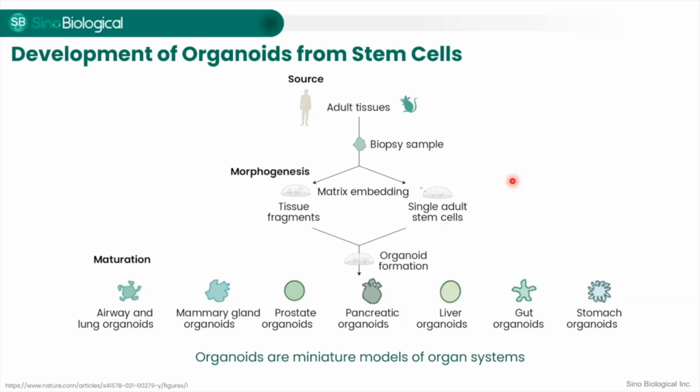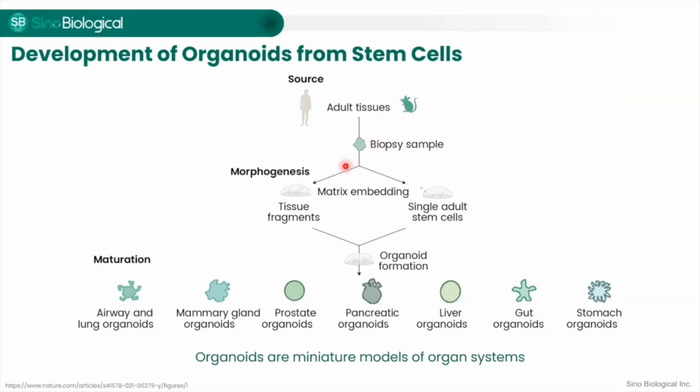Organoid technology has recently emerged as an essential tool for both fundamental and biomedical research. They are self-assembling three-dimensional structures that closely resemble the architecture and function of real organs. Organoids can be generated from pluripotent stem cells, adult stem cells, human embryonic stem cells, or primary tissues collected via biopsies.